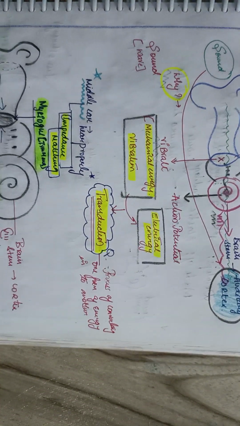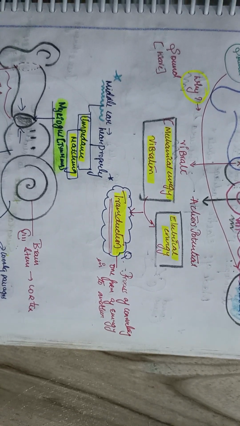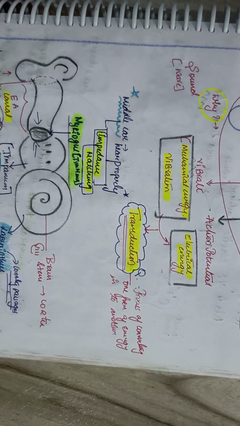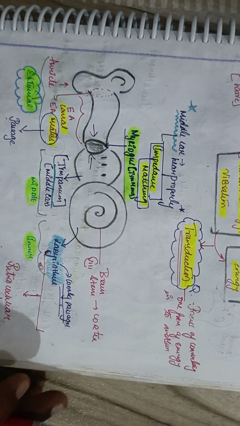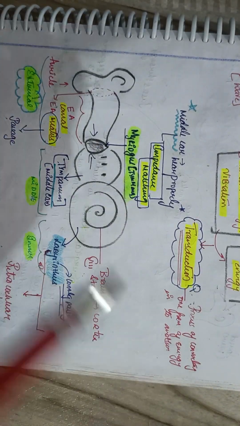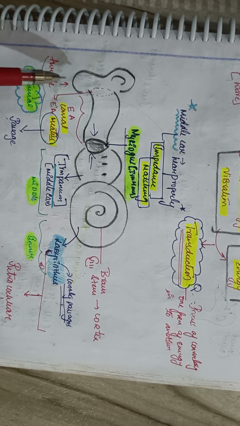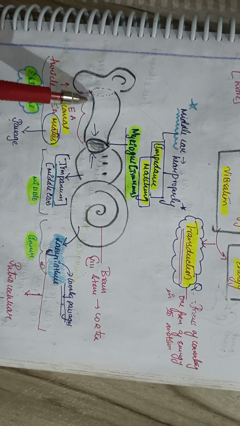The next important aspect we need to understand is the middle ear. Let us understand the same diagram in different aspects. This part is the auricle of the ear. The auricle enters into the canal.